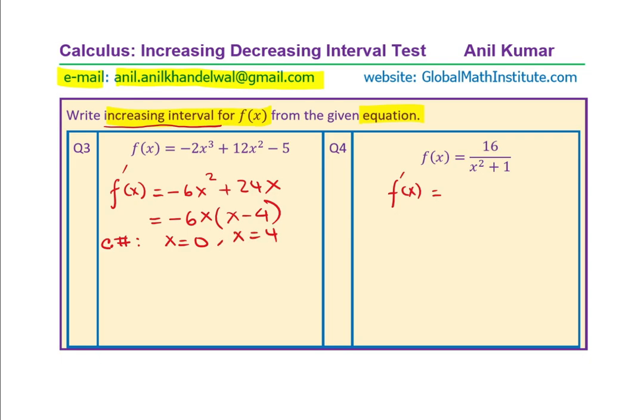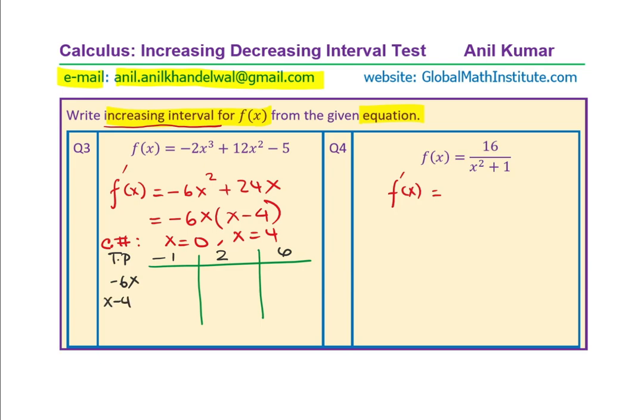Correct? So let's analyze the intervals by taking test points. From minus infinity to 0, we could take minus 1, then 2 in between, and let's say 6 on the other side. The factors are minus 6x and x minus 4.